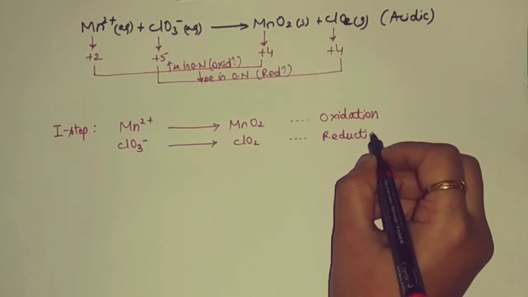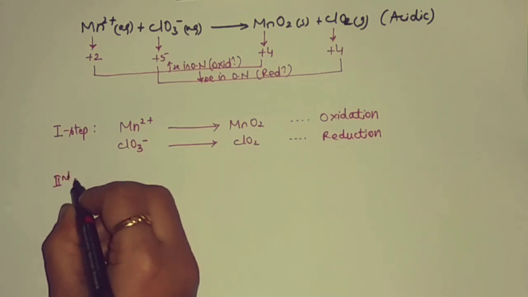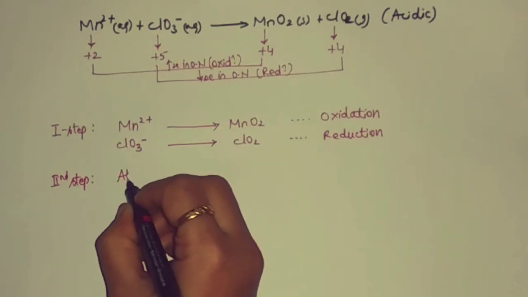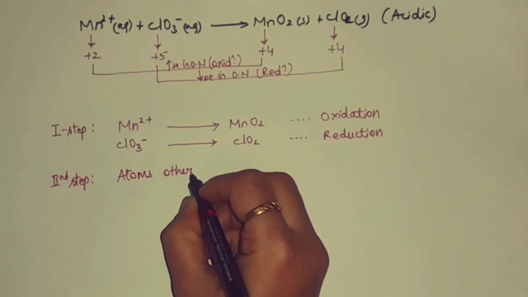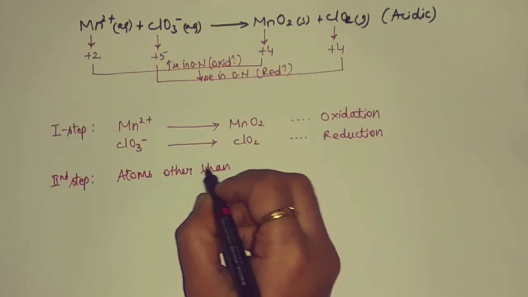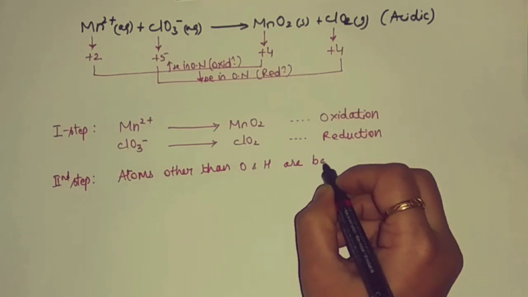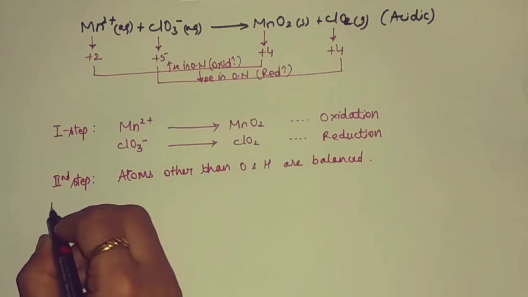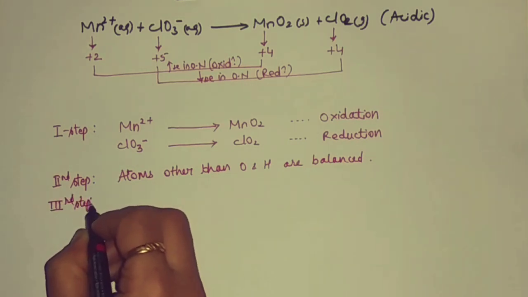The second step is to balance atoms other than oxygen and hydrogen. Here, the atoms other than oxygen and hydrogen, that is Mn and chlorine, are balanced. The third rule states that we balance oxygen atoms by adding the appropriate number of water molecules to the opposite side.